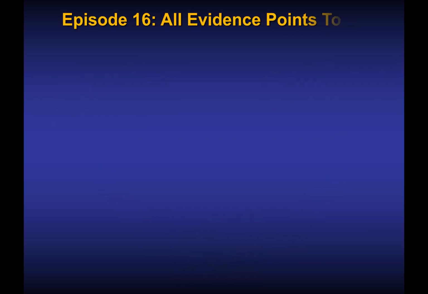In episode 16, we're going to be covering something called all evidence points to. This is just as effective for civil cases as it is for criminal cases. The one I have is a criminal example, because I have digital media that lends itself more to a criminal example. But it's just a matter of, as you're talking to your fact finder, your judge or your jury, you're displaying different forms of evidence that was presented in your trial, one at a time.